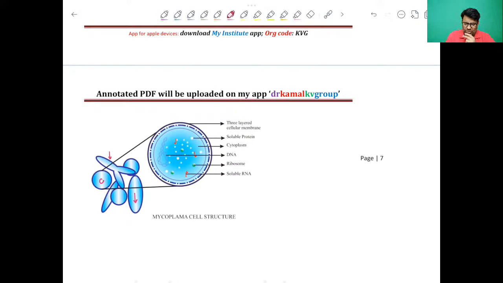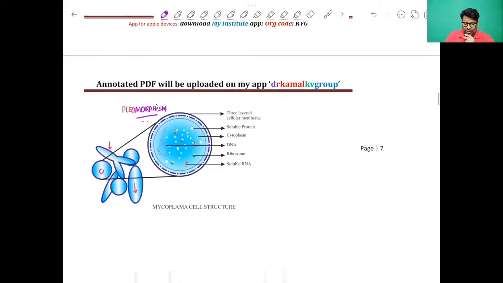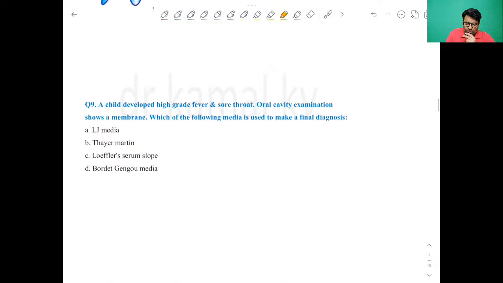So pleomorphism. So this is to show you pleomorphism. Clear? Of Mycoplasma.